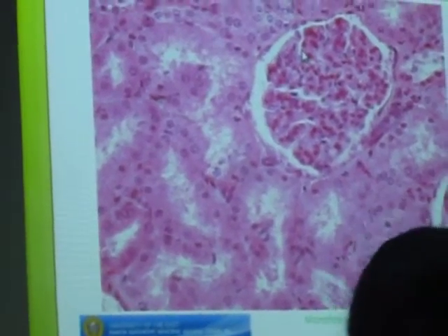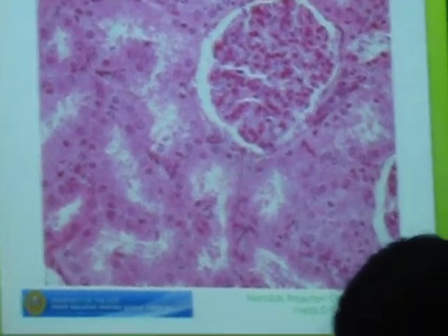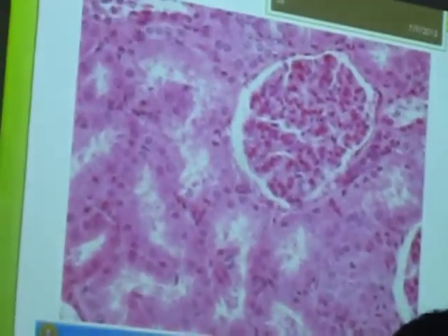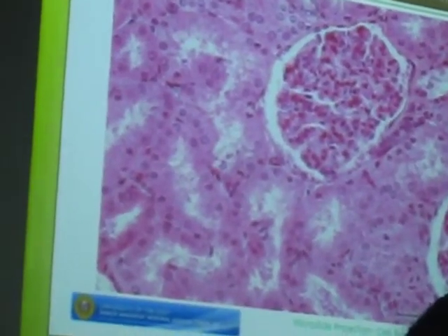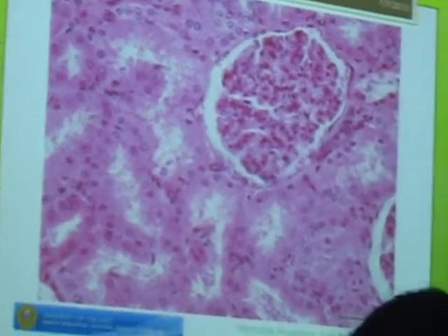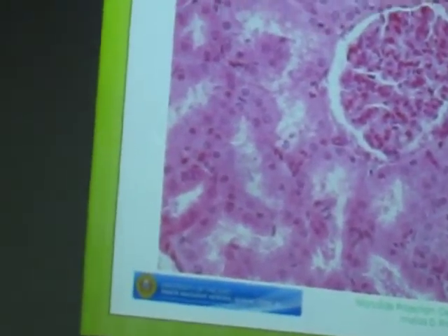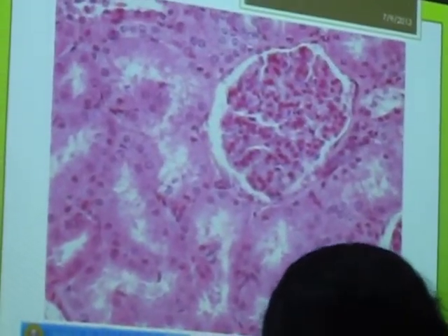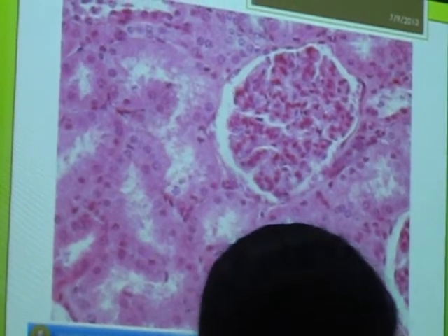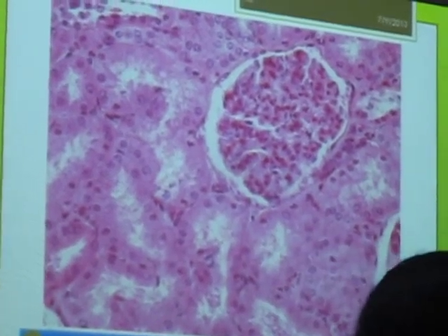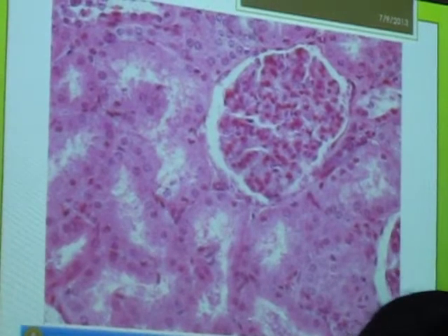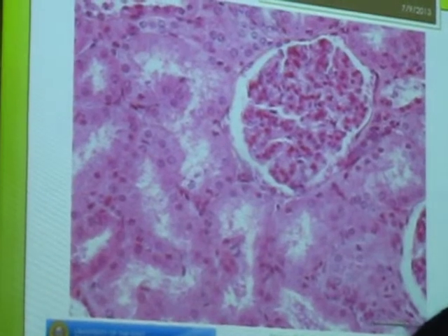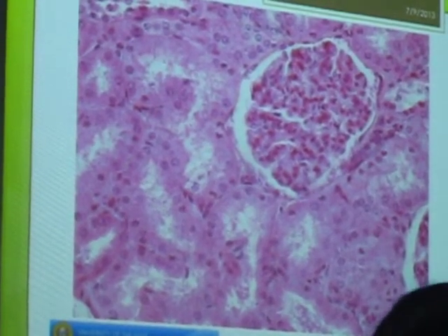For diffusion, for organs that need materials to be exchanged from one structure to another. And also for secretion, like those lining the peritoneum and the cavities, like the thoracic, the pleural cavity. It secretes the pleural fluid. In the peritoneum, it secretes the peritoneal fluid.